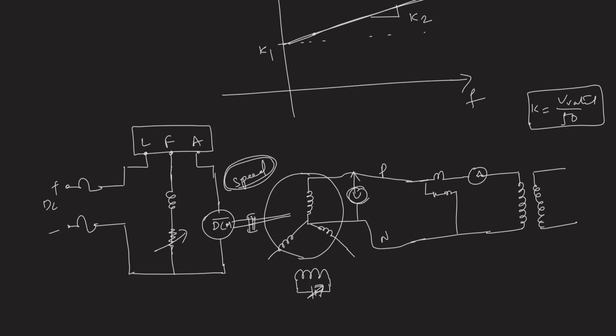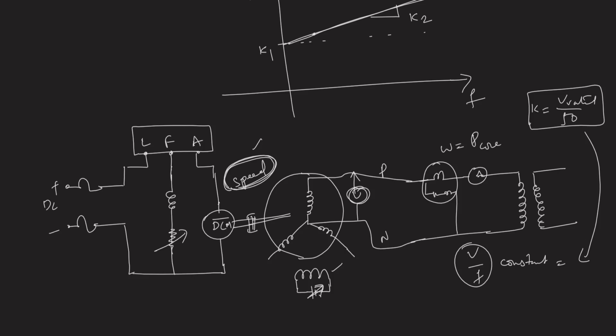Excitation controls the voltage here, and speed controls the supply frequency. By controlling these two, I maintain V by F always constant and equal to this value, and take down the wattmeter readings under two operating conditions, which gives me P core.